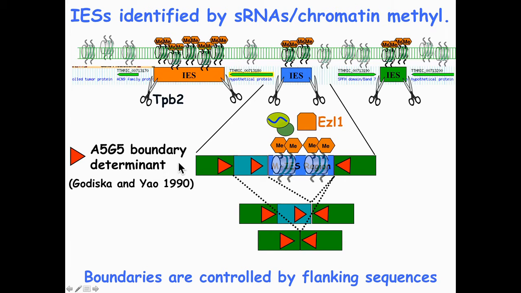And so we know from pioneering work done over 25 years ago by Ron Gorovsky and Meng-Chao Yao that there are sequences that flank the IESs that determine the accuracy of the elimination.